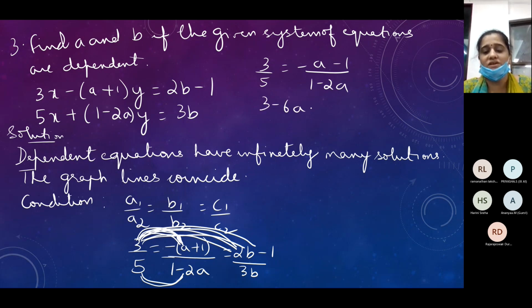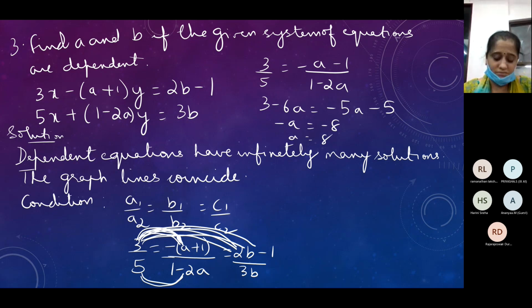So 3 minus 6A is equal to minus 5A minus 5. Then minus A is equal to minus 8. A is equal to 8. Priyanka, have you substituted correctly? Yes, ma'am. I had a mistake in the second step.